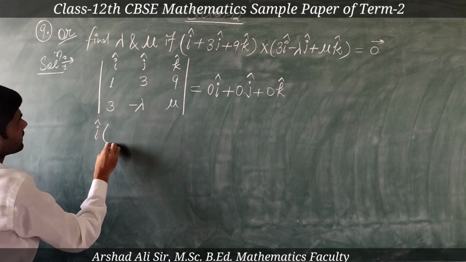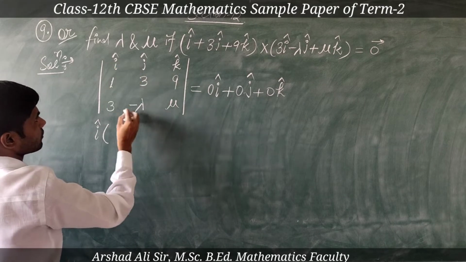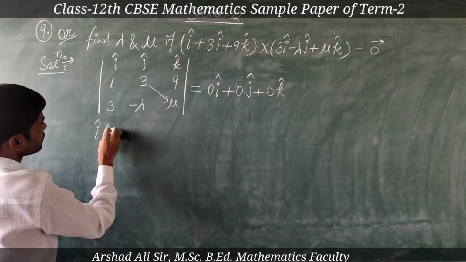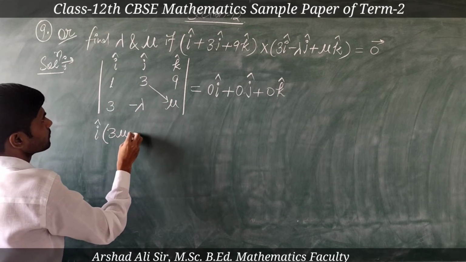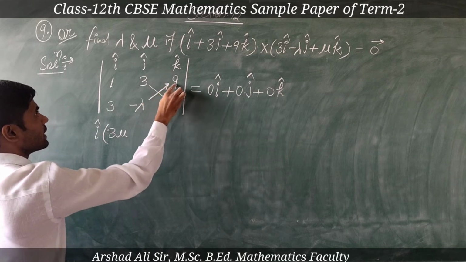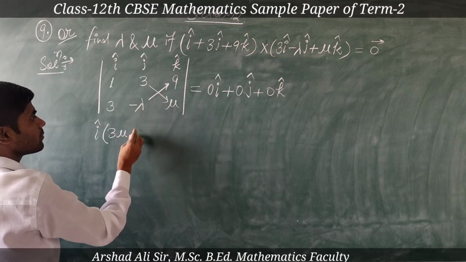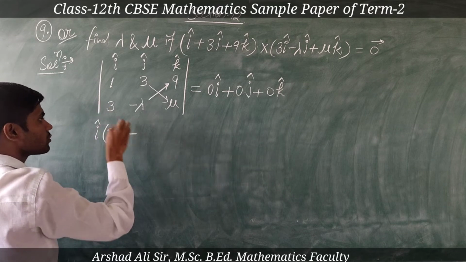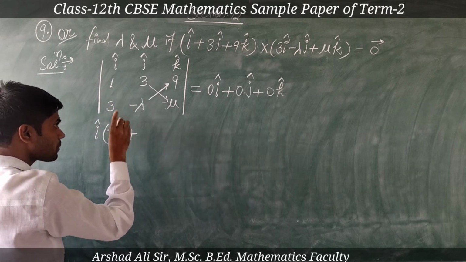So here we have i cap, first row, first column. So 3 multiply mu, it will be 3 mu. 9 multiply minus lambda, it will be minus 9 lambda, and because of this negative sign it will be plus 9 lambda.